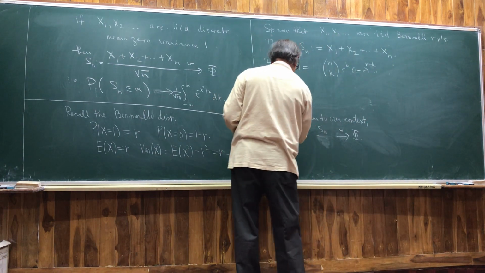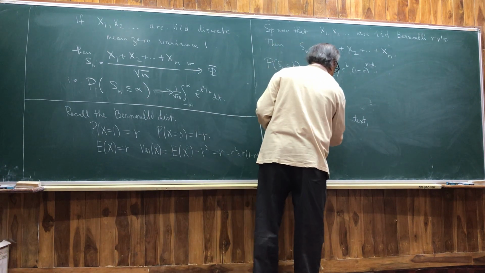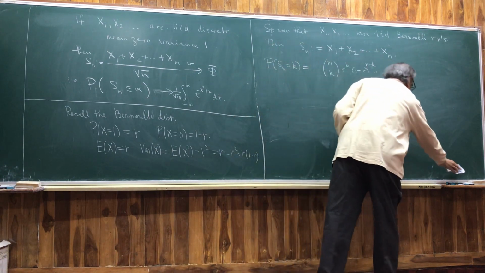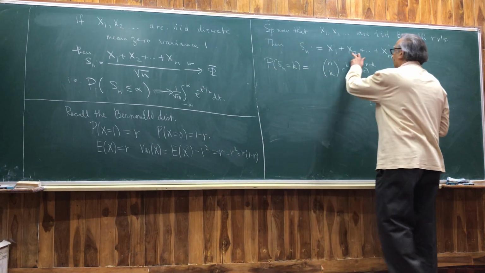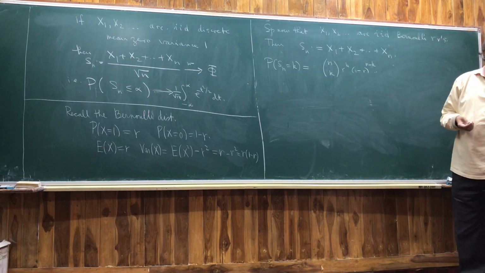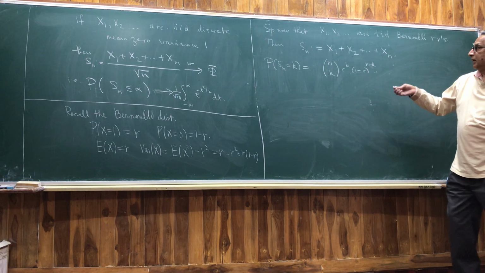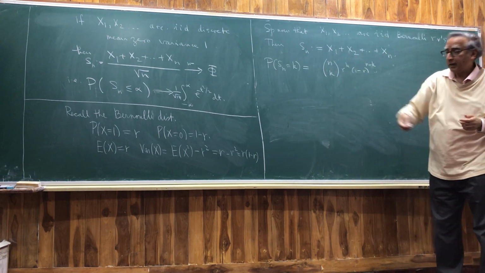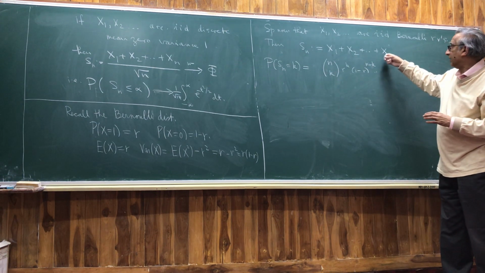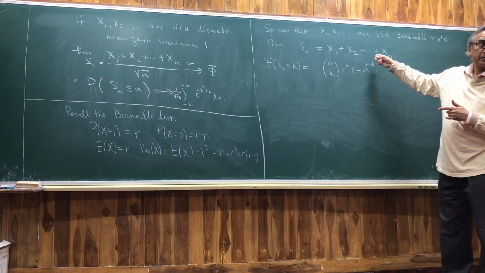Now, these are independent random variables. They're all identically distributed. They have mean r and variance r times 1 minus r.